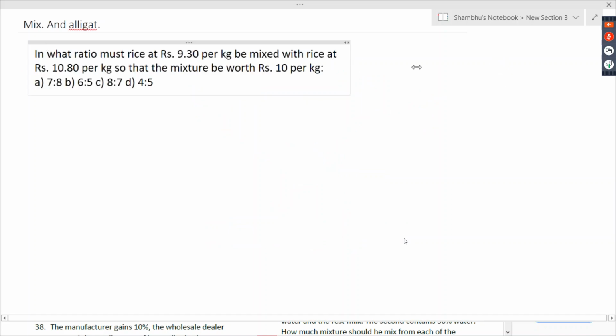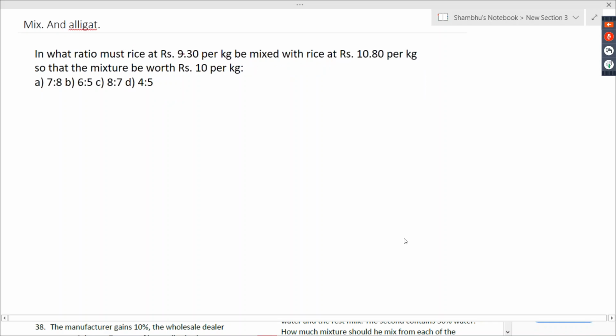So I want to tell you here how you are going to mix two items. You have the formula. In what ratio must rice at 9.3 be mixed with rice at 10.8, so that the mixture is worth 10 per kg? Worth is nothing but mean price.